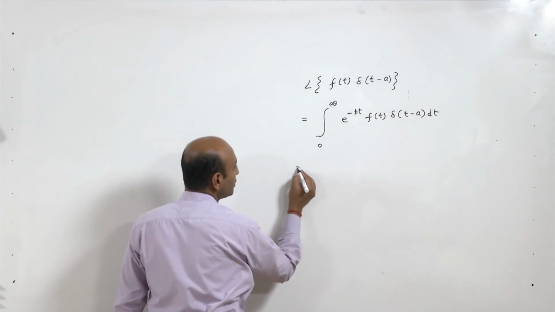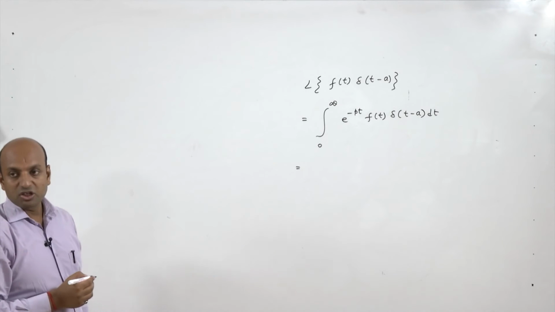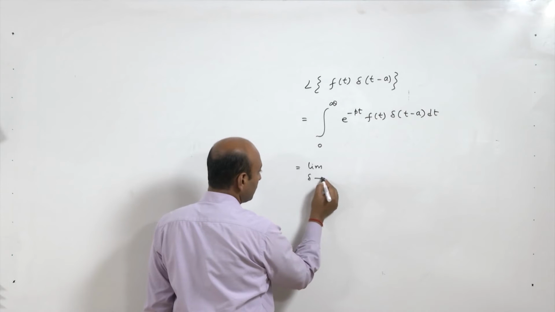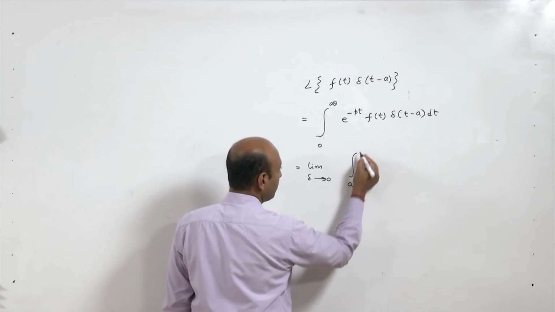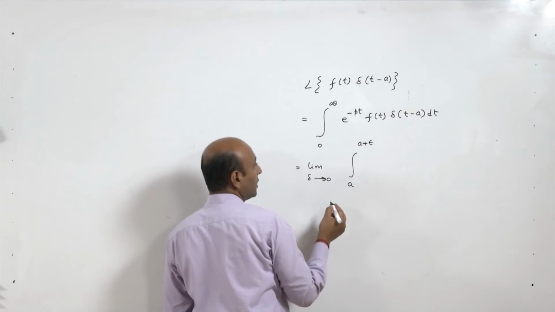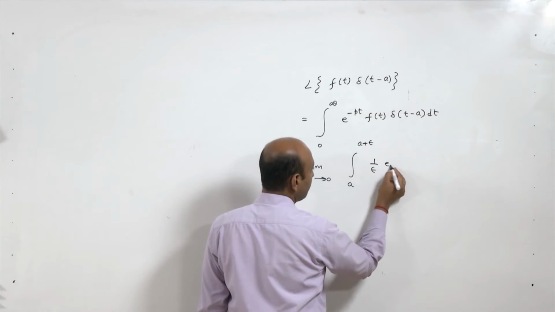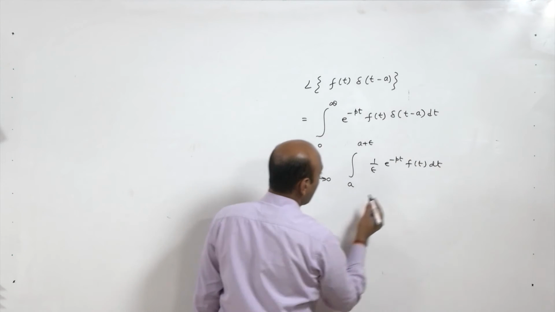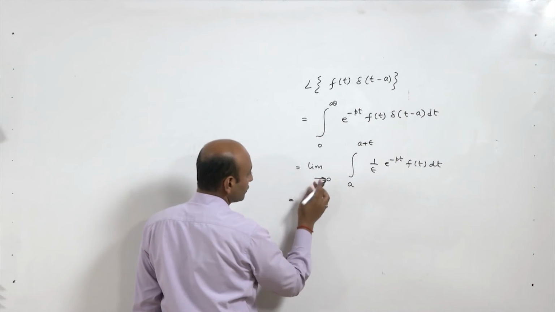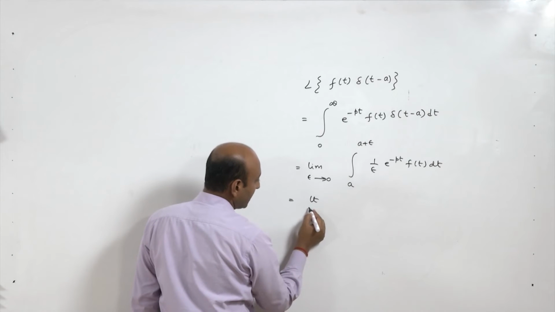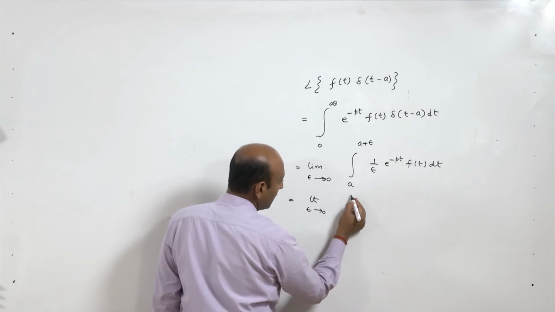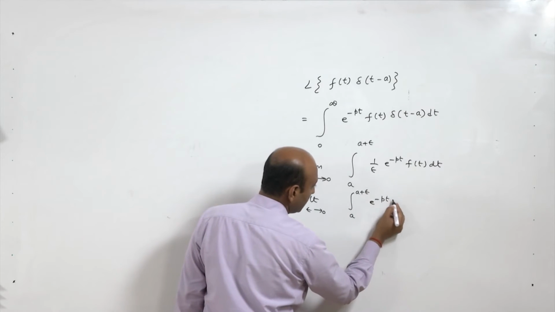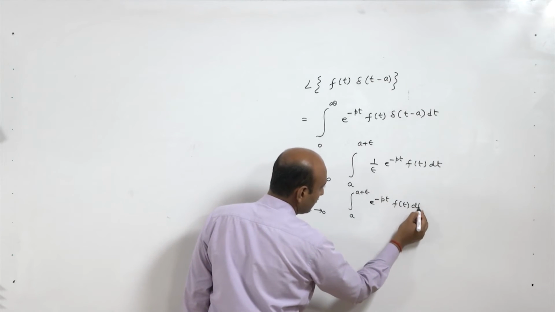When you apply the definition of Dirac delta function, it is nothing but limit epsilon tends to 0 integral a to a plus epsilon, into 1 by epsilon, e to the power minus pt f(t) dt, which is equal to limit epsilon tends to 0 integral a to a plus epsilon e to the power minus pt f(t) dt upon epsilon.